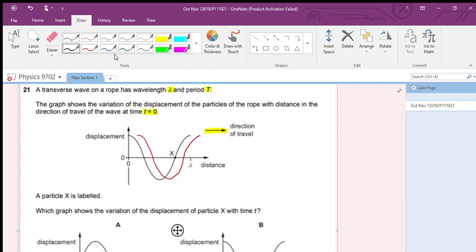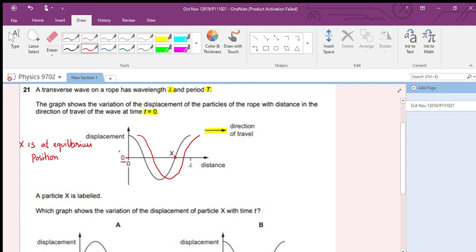So what we are given in this question is that particle X is at displacement 0, which means that X is at equilibrium position. Equilibrium means that displacement is 0.